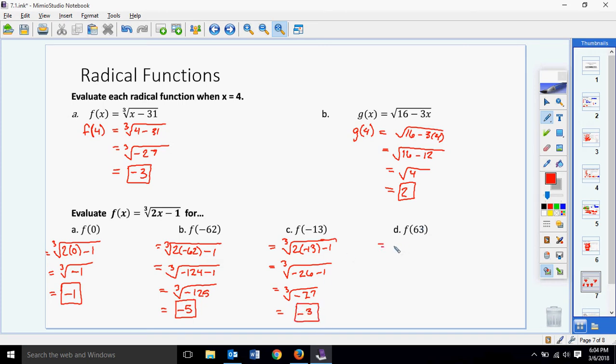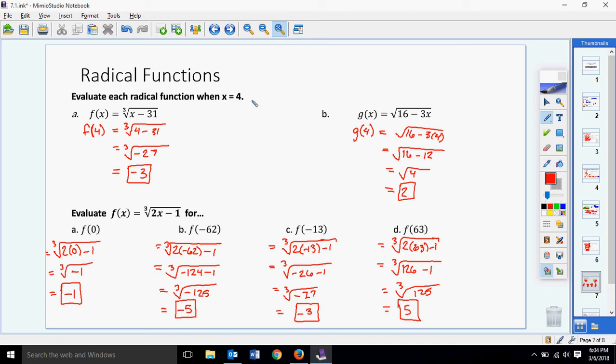And last one, cube root of 63. 126 minus 1, 125. Cube root of 125 is simply 5.